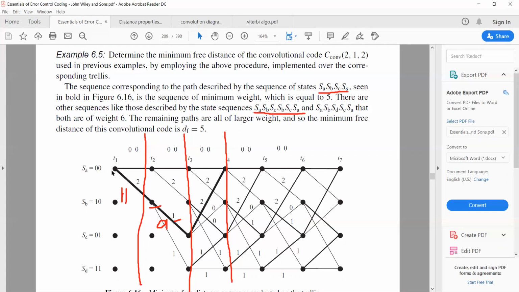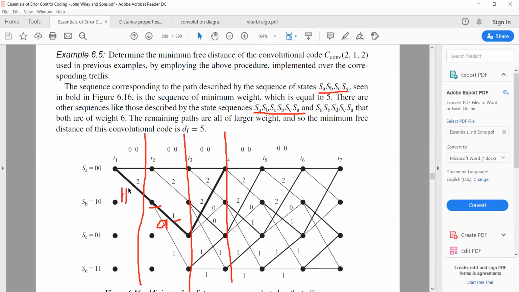So why am I following this path? Because I have to keep in mind that we have to start from the all 0 state SA and come back to SA again. So that's why I'm just considering this path, okay? And these are the corresponding outputs, and I'm calculating the Hamming distance between this 00 and the corresponding outputs.